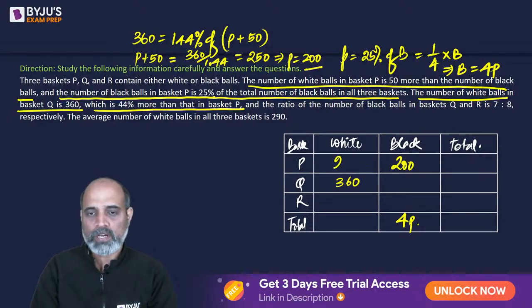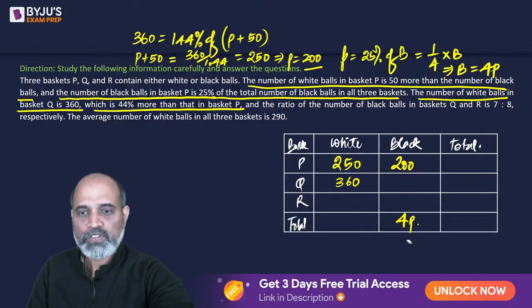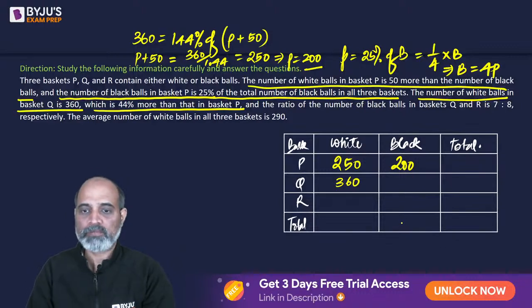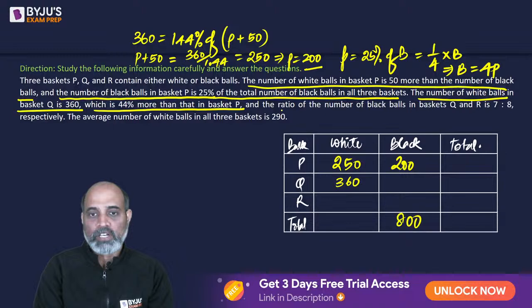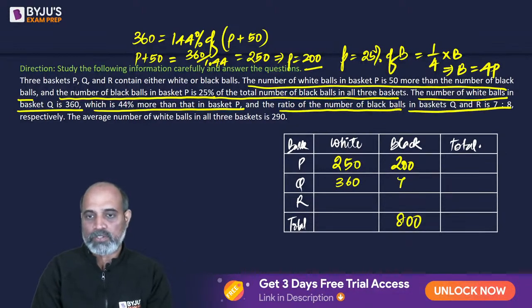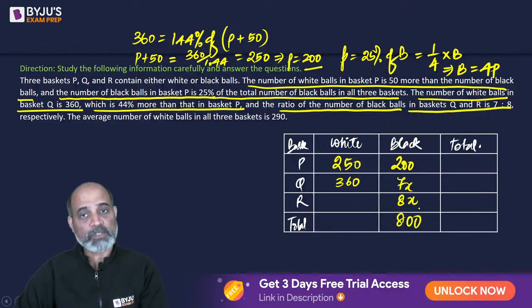So the moment we get the value of P, we can put it. So this is 200, this one is 250, and 4P will become 800, that is 4 times 200. The ratio of number of black balls in basket Q and R is 7:8. So this is in the ratio 7:8, so that is 7x plus 8x.